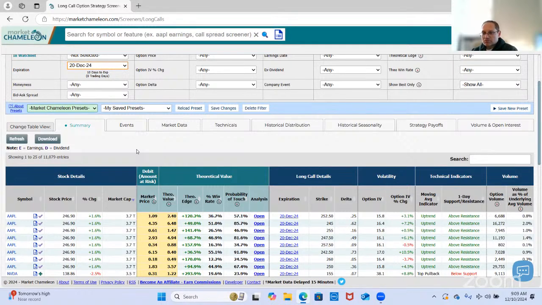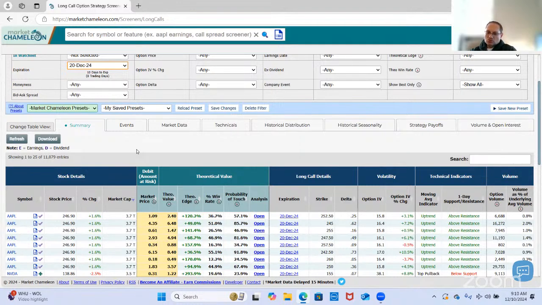There's no set payoff rule, because we don't know where the stock is going to be. It's dependent on where the stock is at expiration. So we need a way to estimate where the stock may end up at expiration. And it could be a range of prices, right? It doesn't have to be one price.